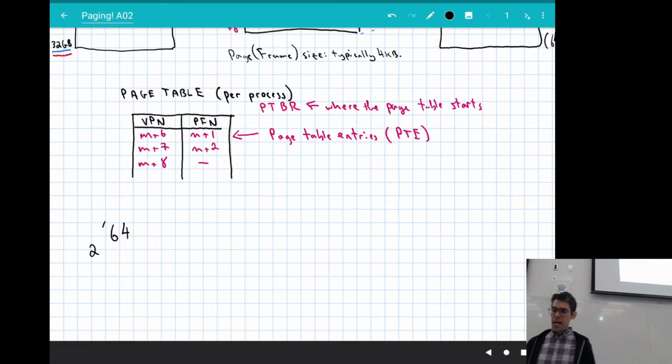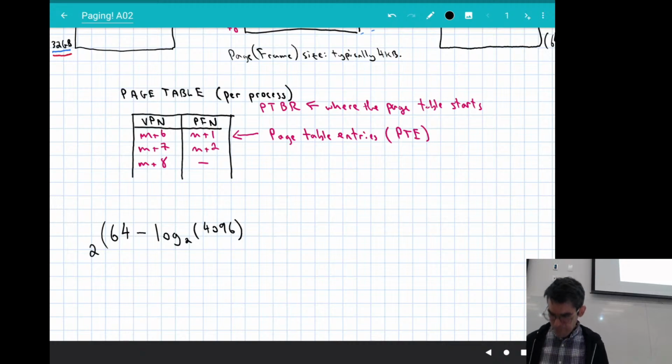When we're partitioning our address space into 4 kilobyte pages, we're effectively saying that I'm going to do minus log base 2 of 4096. Do we all agree on that? Do you remember what logs do with base 2 and stuff? Yes? Some of us, yes. Some of us not wanting to shake our head, no.